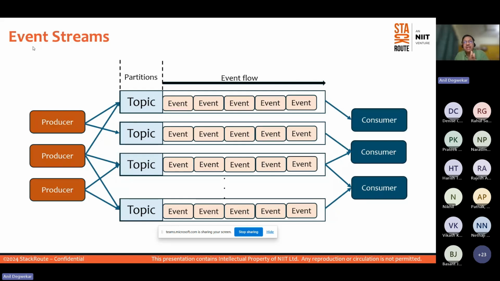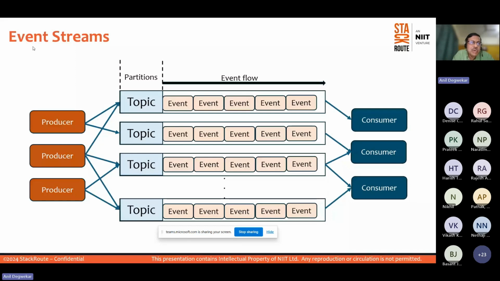Another consumer may be analyzing these events at a statistical level, analyzing 1,000 events to find out the rate at which events are getting generated, or the average, or some statistical analysis. So basically, event streams and event-driven architecture are quite flexible. It's up to the architect to figure out how to create these topics, how to split events into topics, and how to come up with consumers who can process these topics.